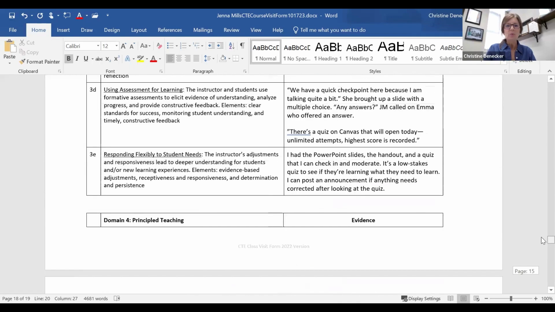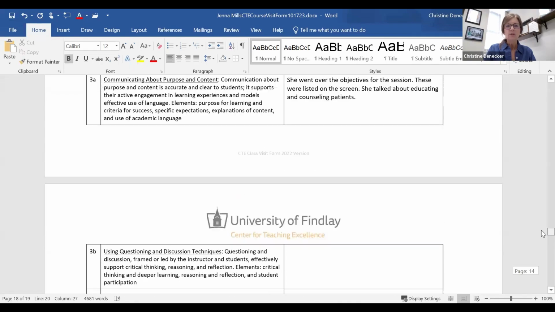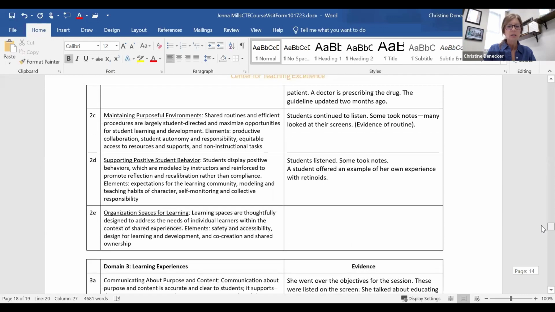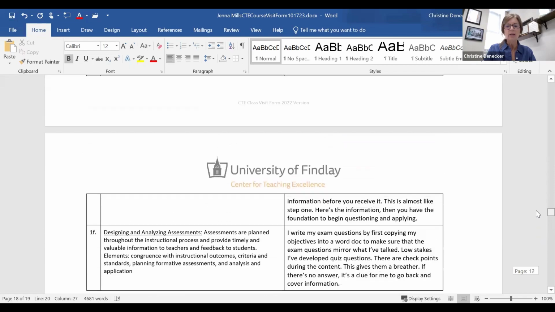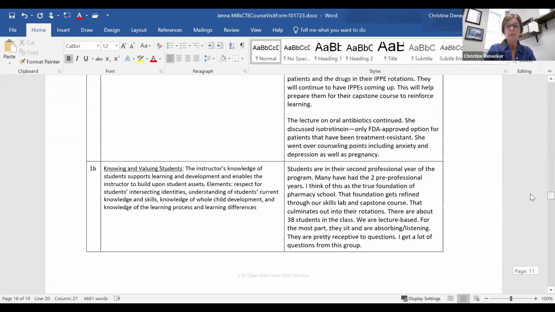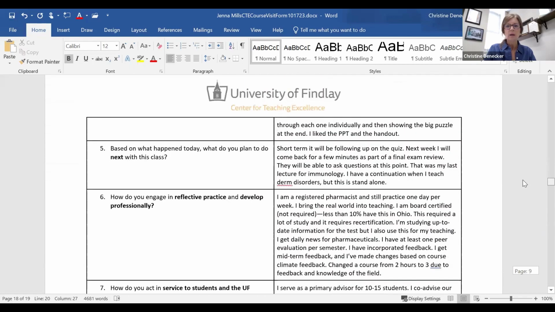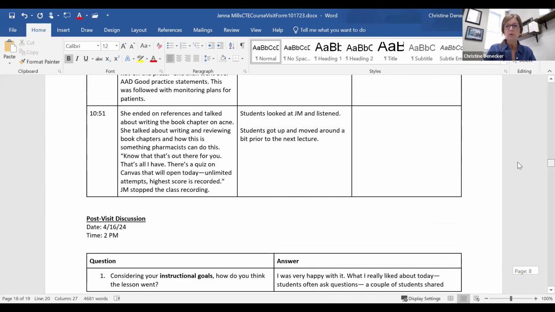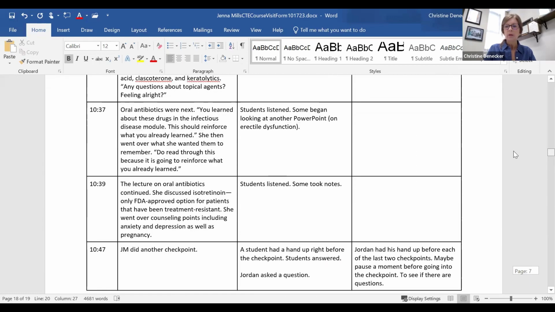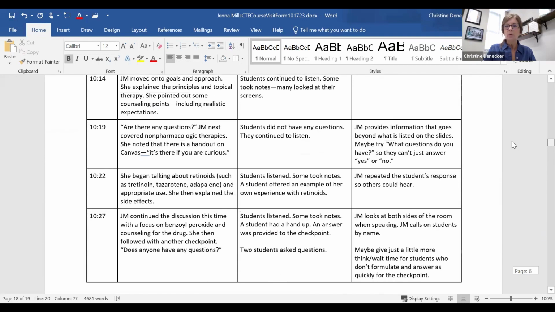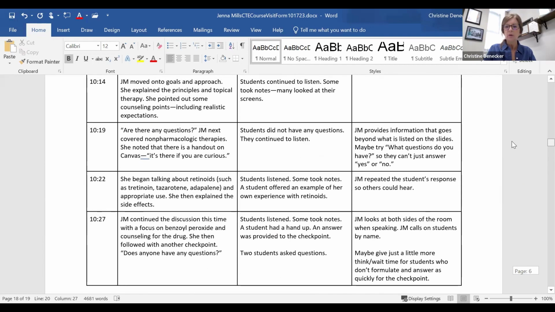I'm just going to go back through one more time. There's the questioning. That has to do with co-creation. We hit that in the suggestion. I was just going to go back and look through my sidebar notes. I just have a little pause a moment there for checkpoints, but that's not a big deal.